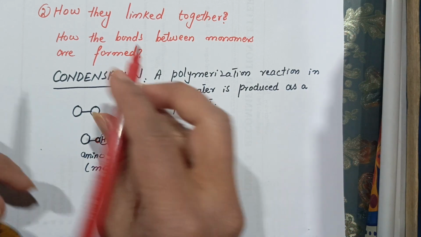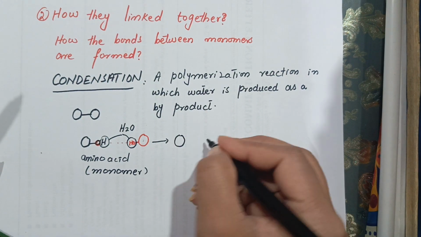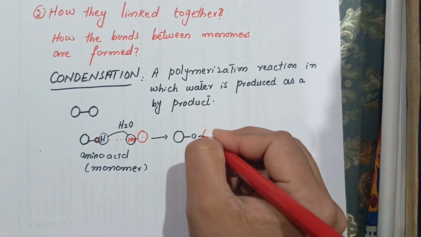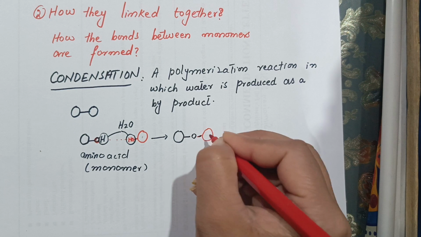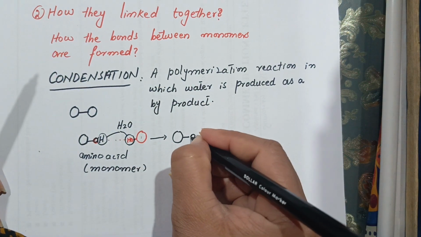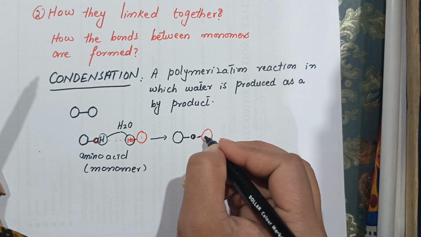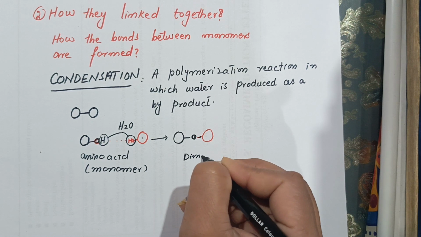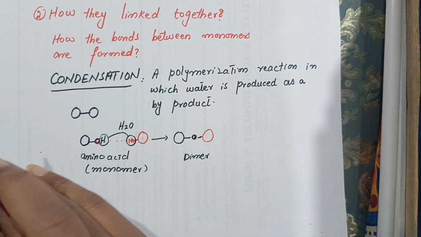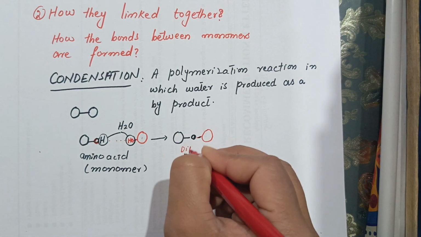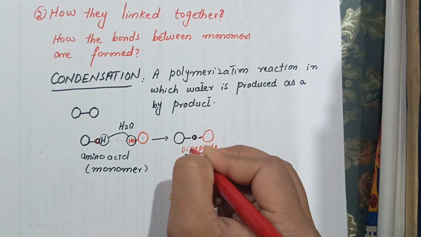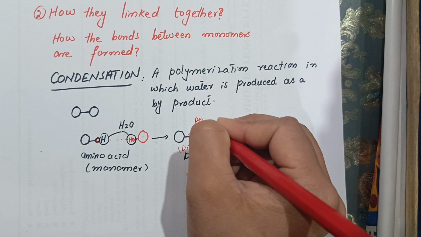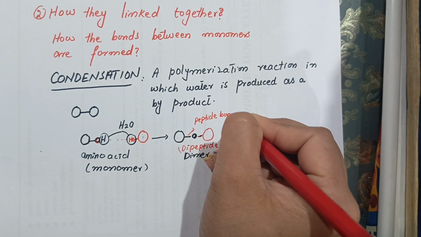How? Like this is the amino acid and here the oxygen. Next, the second monomer or amino acid will be attached, and this oxygen atom is linking these two monomers together. Hence it will be a dimer having two units, or we can say a dipeptide.